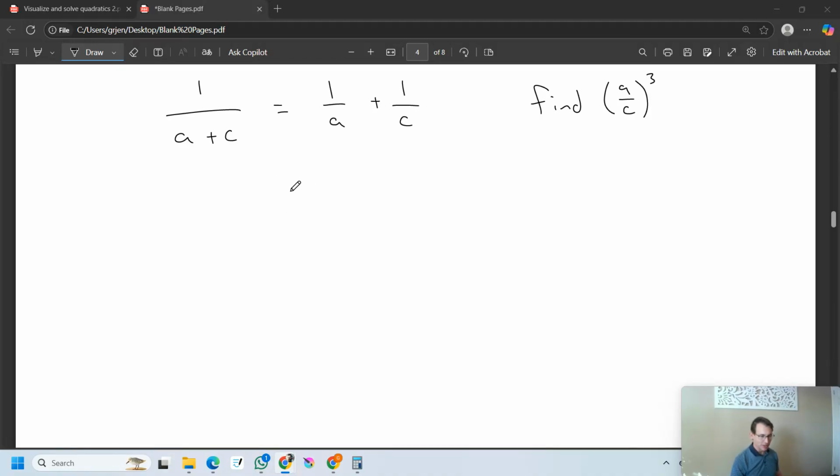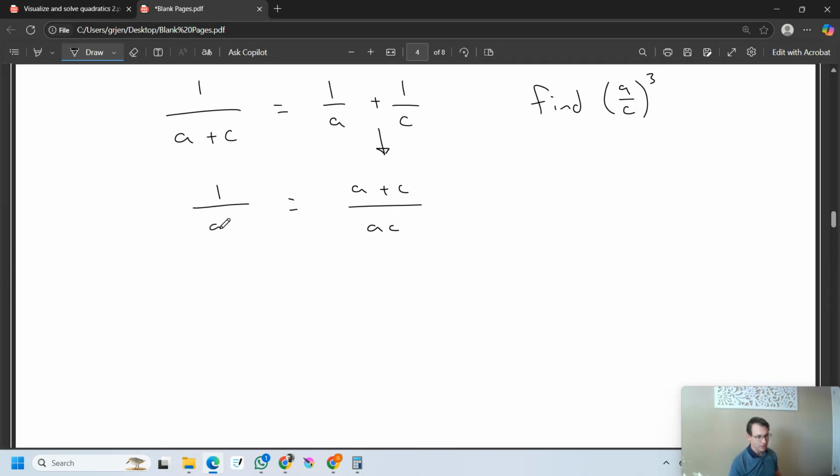if we go ahead and just calculate the other side, right? We create our common denominator of AC. We get A plus C on top. That is the result of adding that fraction together, and that's equal to 1 on A plus C. If we multiply both sides by A plus C and AC, we end up with AC equals A plus C squared.